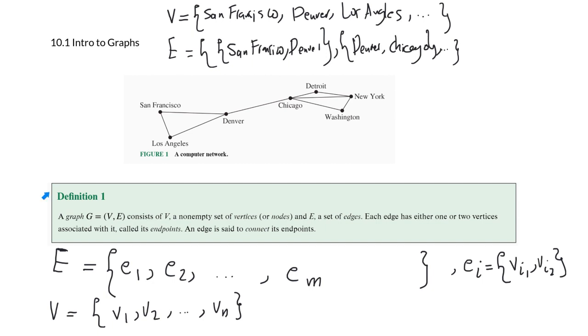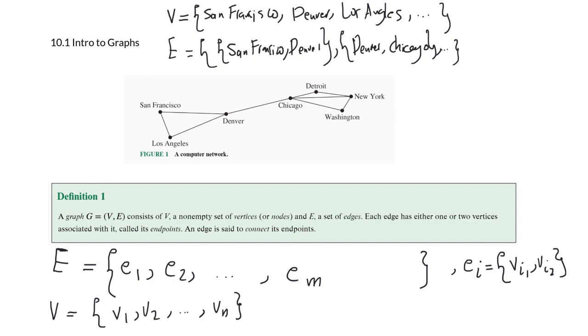Abstractly, the graph is defined like this, as an ordered pair of two sets V and E, where objects of E you can think of as just pairs of vertices. And the reason the definition says an edge can be associated with one or two vertices is because it can happen that for an edge both of the endpoints are the same.